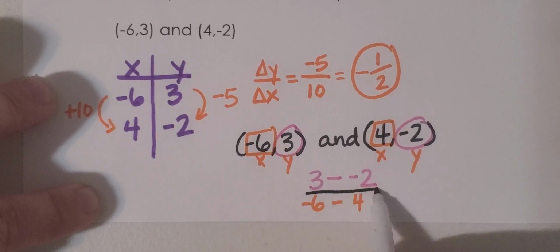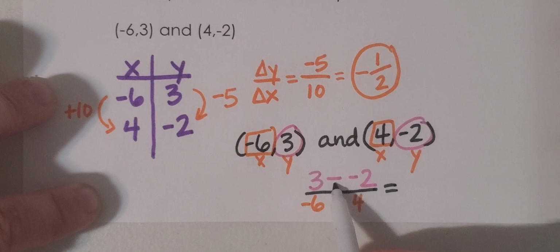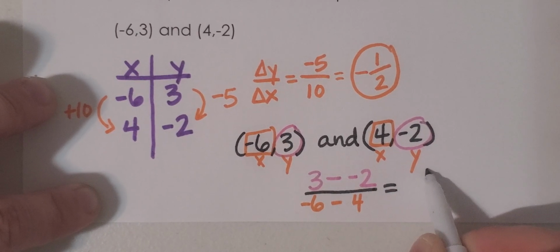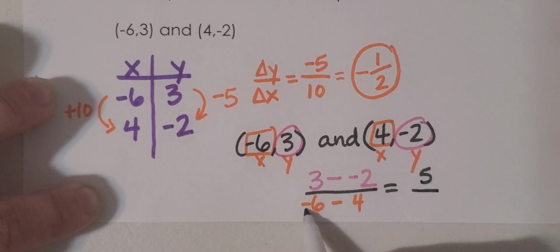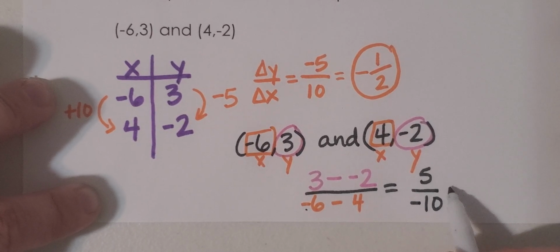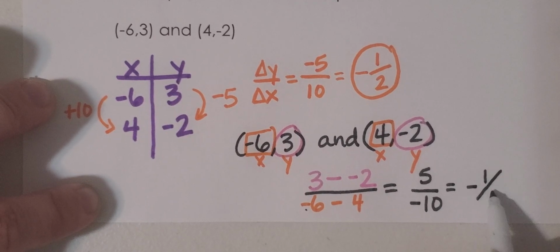And I can go ahead and solve those out. 3 minus a negative 2 is a positive 5. Negative 6 minus 4 is going to be a negative 10. And I simplify this to also equal negative 1/2.